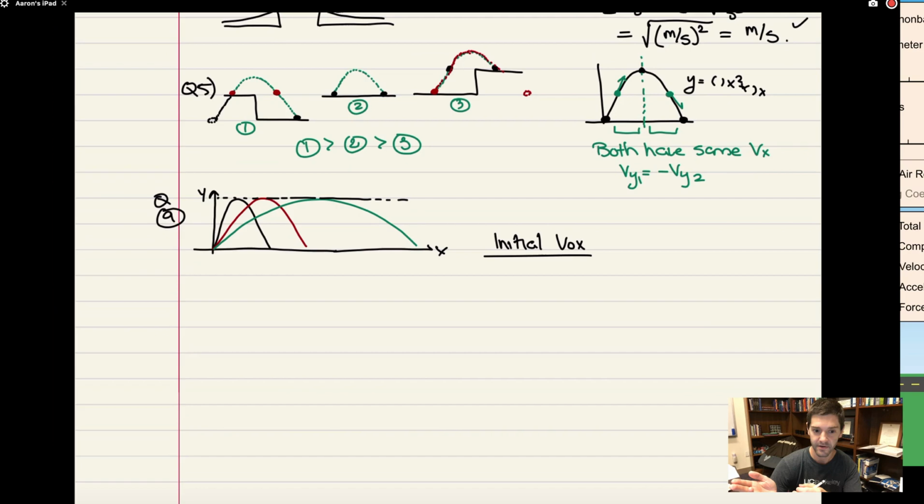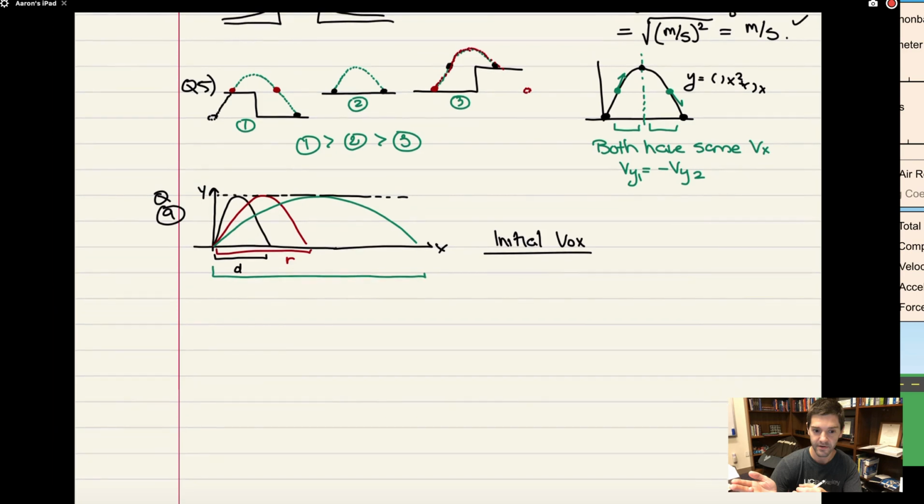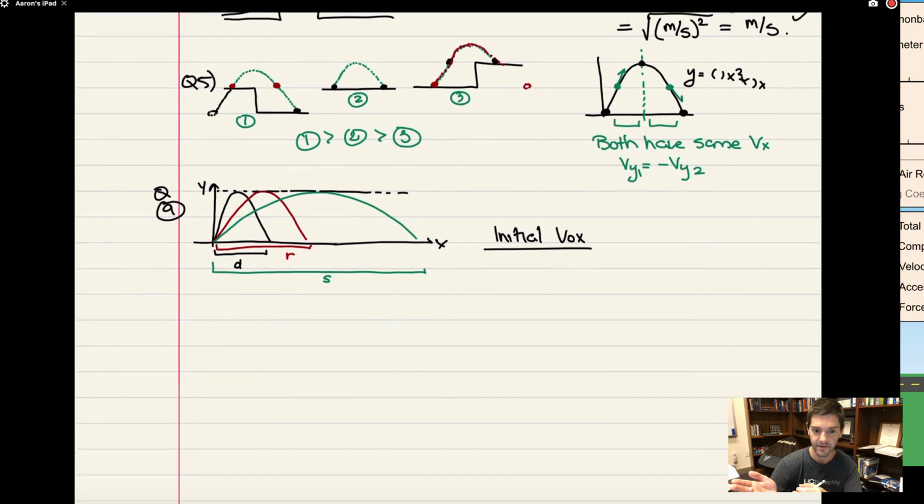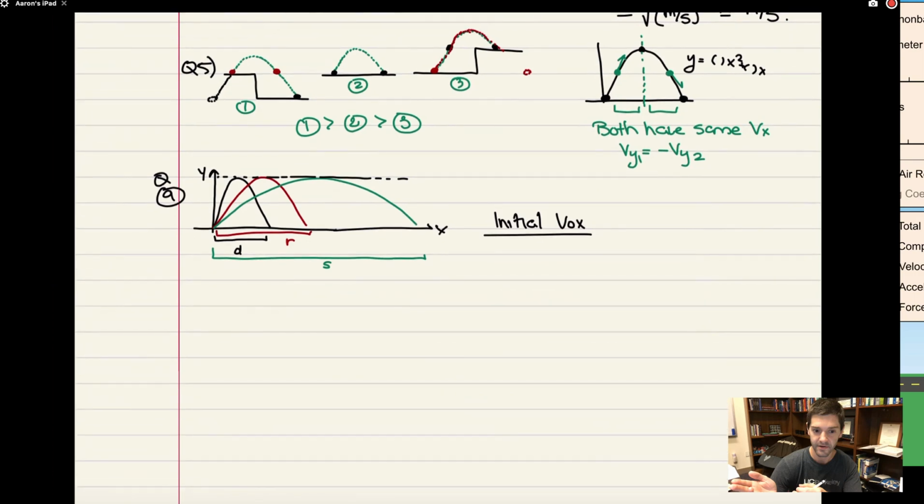So for example, I could write for the black curve, that's some distance d. For the red curve, it covers some distance, we'll say r. And then for the green curve, it's covering some distance s, where clearly s is greater than r is greater than d.